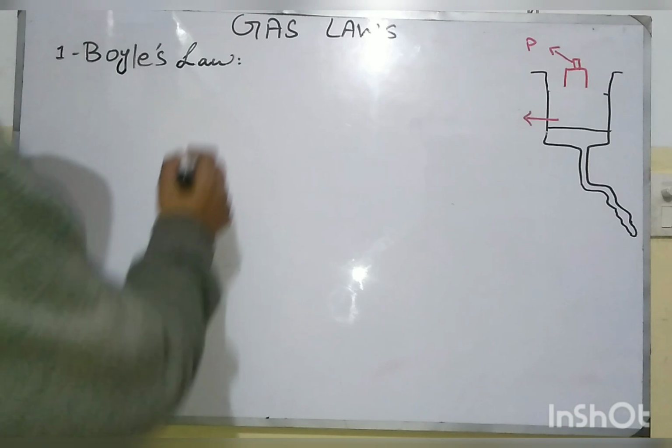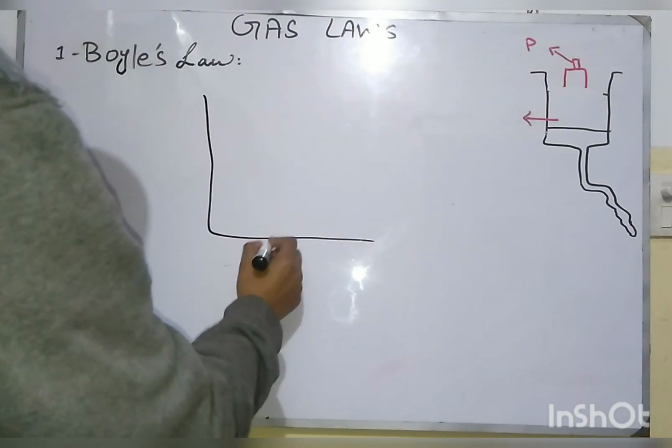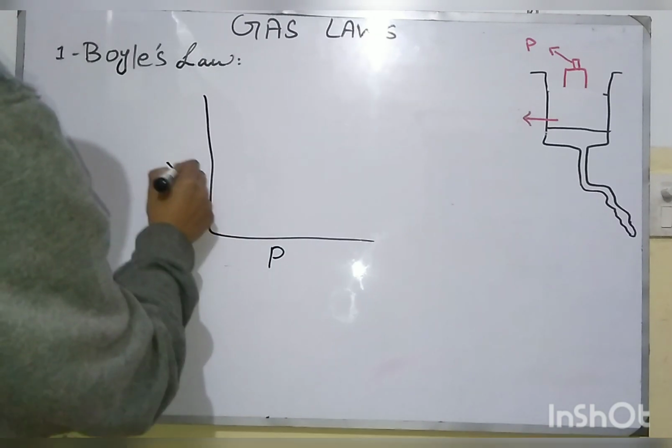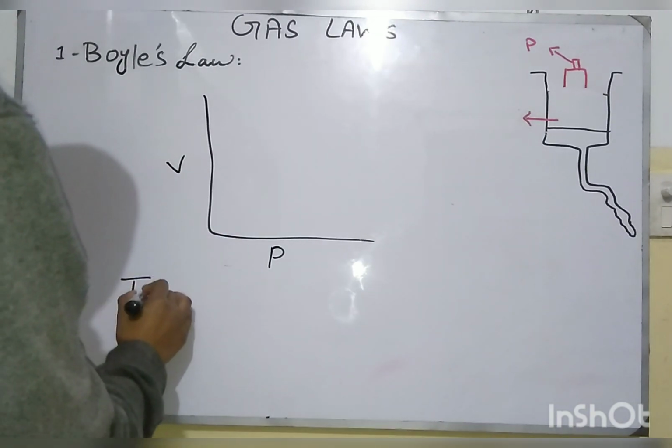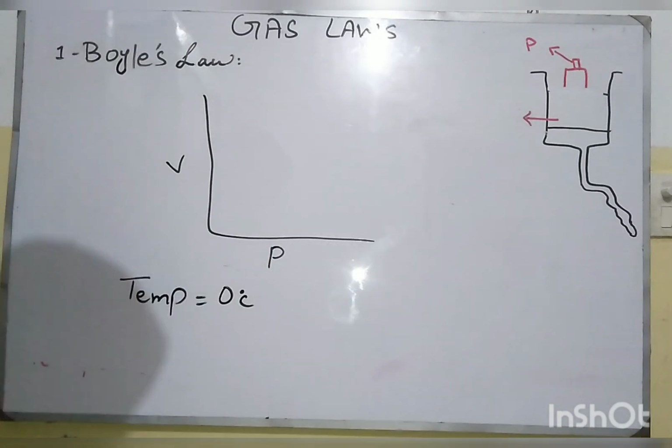In our first case we are taking pressure on the x-axis and volume on the y-axis, and the temperature, you know, is constant, that is at 0 degrees Celsius. We know that pressure and volume are inversely proportional to each other. So if pressure is increasing, the volume will decrease, and if the pressure is decreased, the volume will increase.